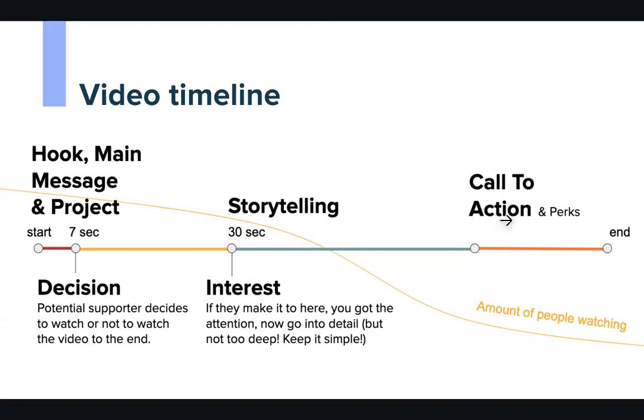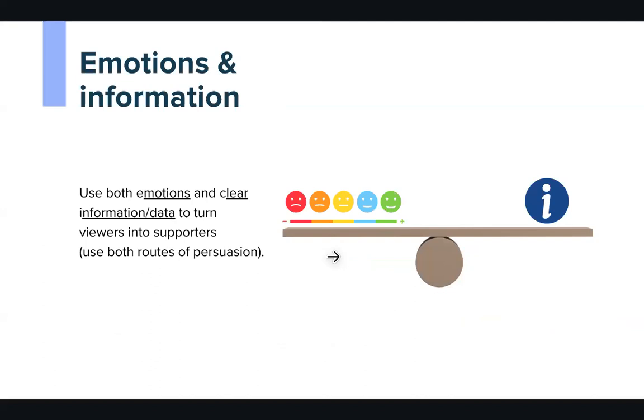And your call to action, although you can have a big call to action in the end, I just want to make sure that people feel like they will become one of the people solving this problem. This is the main purpose of the video, to emotionally involve people in your story. But you should use these emotions carefully, and they should always be balanced out by information.